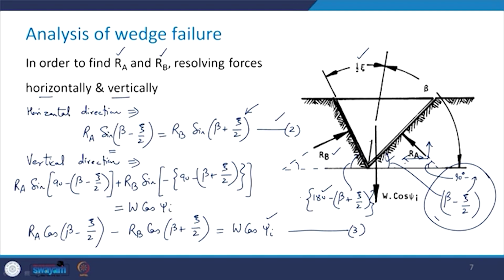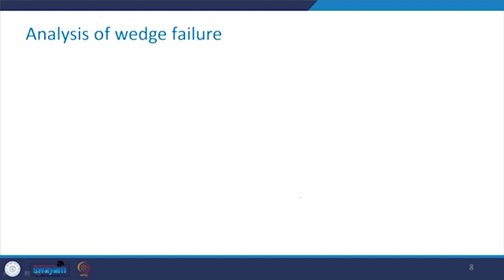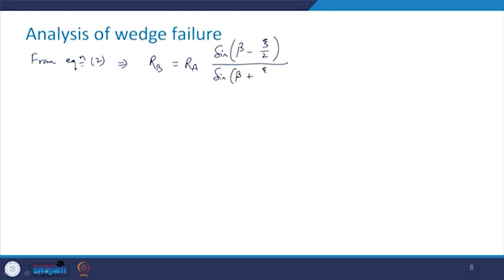Now, from equation number 2, we can write RB in terms of RA. So, RB can be written as RA into sine of beta minus zeta by 2 divided by sine of beta plus zeta by 2.